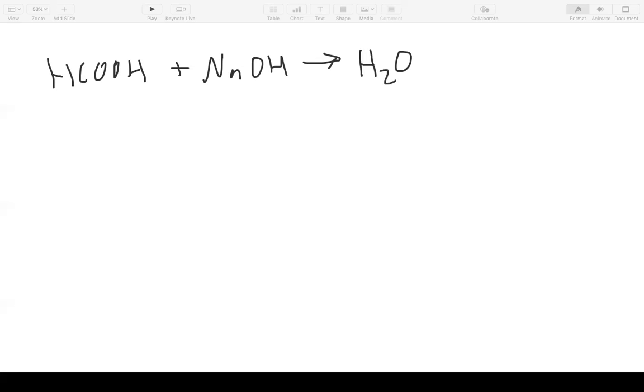We can write out the chemistry of what's going on. In this case, I'll write out the formic acid. So we have HCOOH plus NaOH yields water and a salt. In this case, it is NaHCOO.